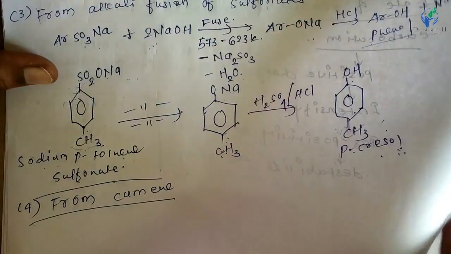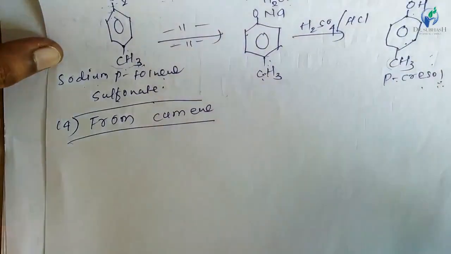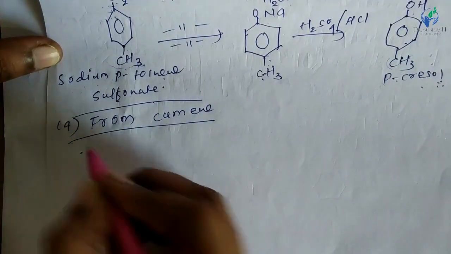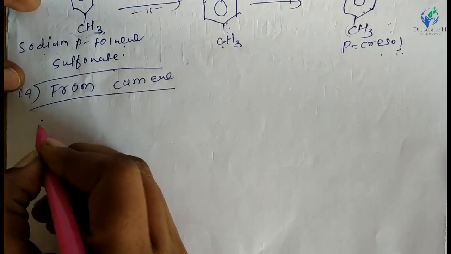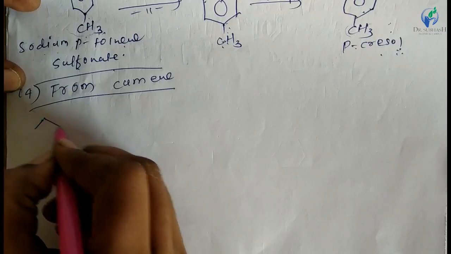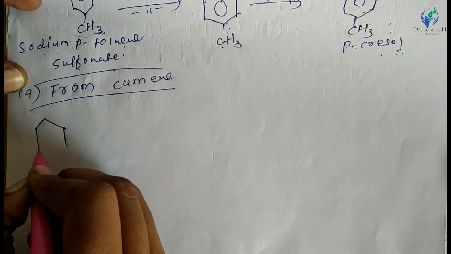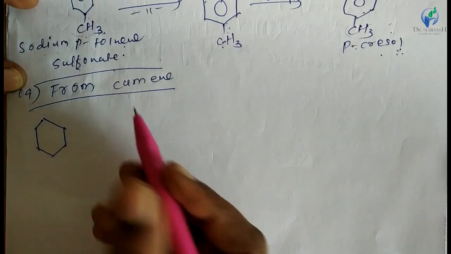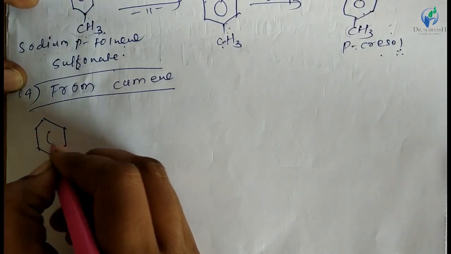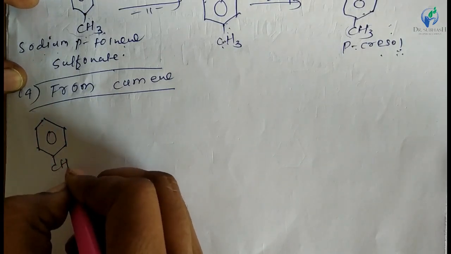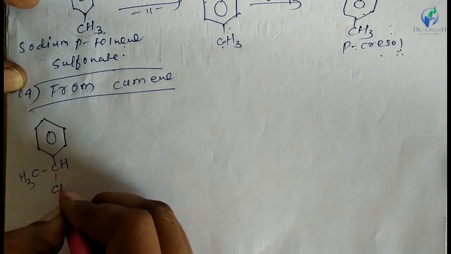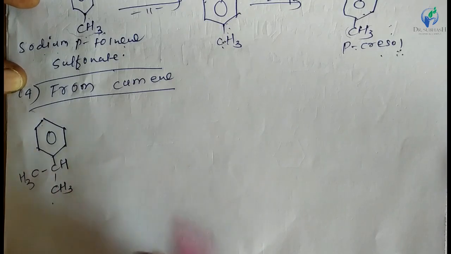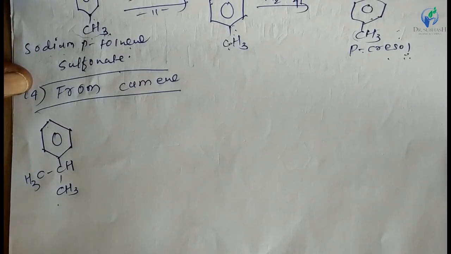Now what is cumene? Cumene is nothing but isopropyl benzene. See the structure of cumene. This one is the structure of cumene, or you can say isopropyl benzene.